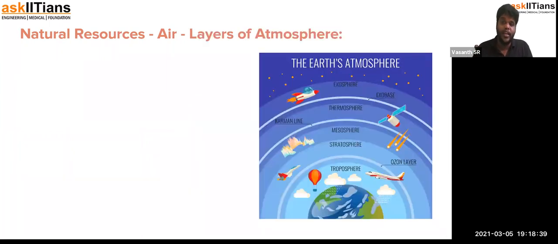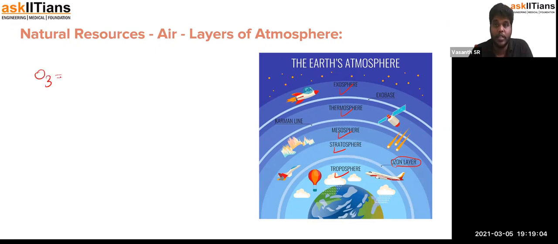So there are different layers of the atmosphere based on the distance from the Earth. One is the troposphere, another is the stratosphere, another is the mesosphere, and then the thermosphere and exosphere. In between the troposphere and stratosphere exists the ozone layer. The ozone layer is made up of O3.